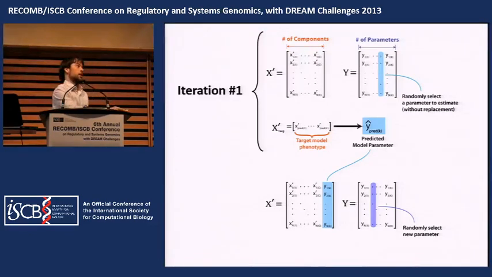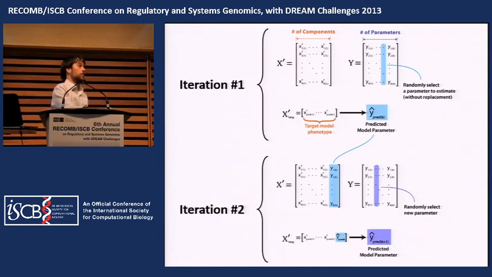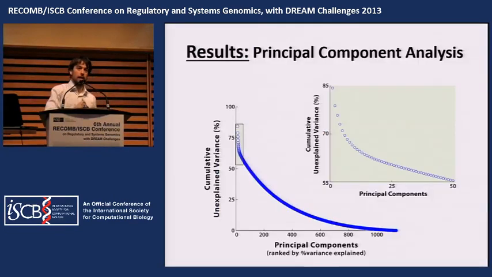So just to be clear, this would be the first iteration where I fit one parameter, and then in the second iteration, I choose a new parameter to fit, and I train the random forest algorithm to fit that parameter based not only on the target phenotype, but on what I had already predicted for the first parameter. And I would continue this for 30 iterations until I had predicted all parameters. So that's what I did on a high level.